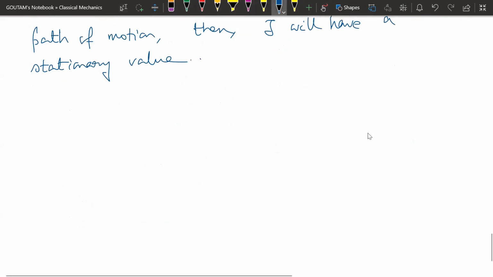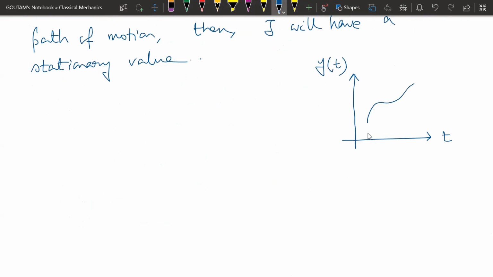So then, this is not the configuration space. At time t, how will y vary? It can take this path, or it can take some different way, going from this point to this point.